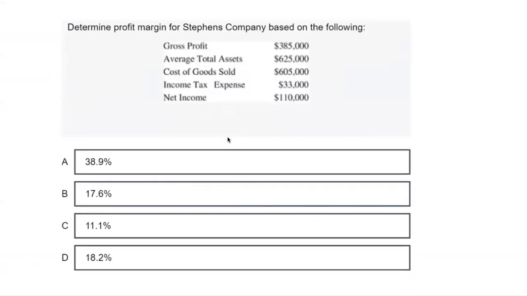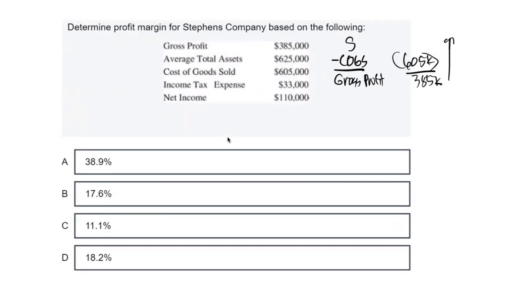Profit margin. So by default, that would be net income divided by our sales. Sales less cost of goods sold equals gross profit. So ang ating gross profit, 385. Cost of goods sold, 605. So pataas tayo. Something minus 605 is 385. Ibig sabihin, magkano dapat yung sales natin? 990,000.